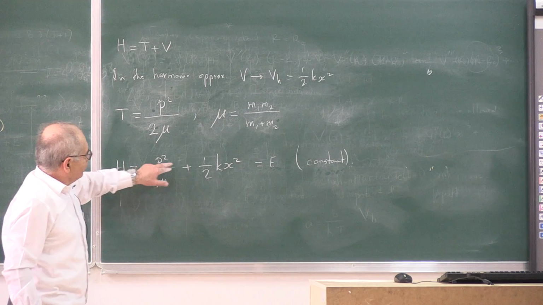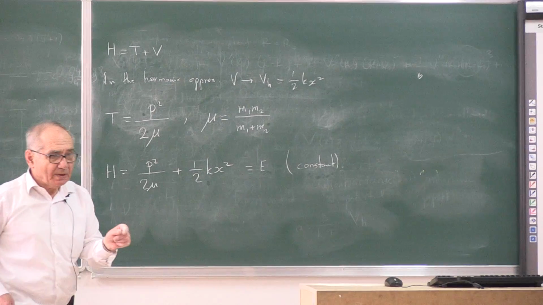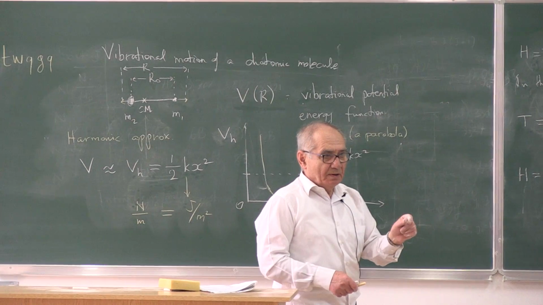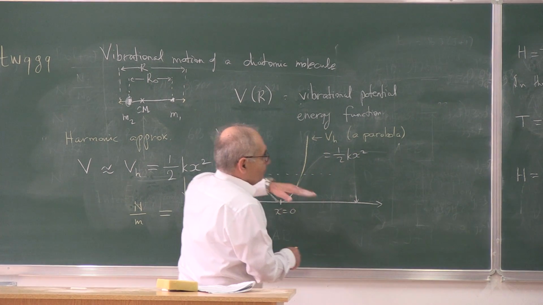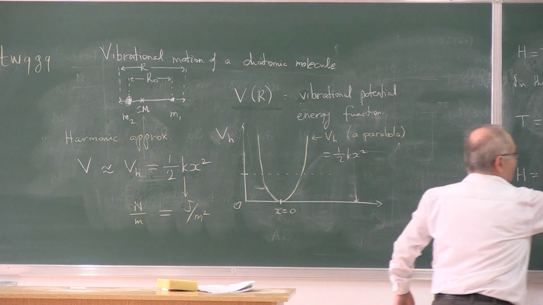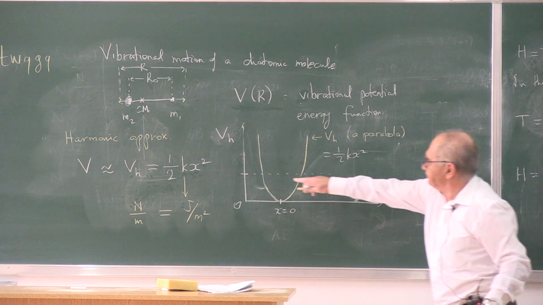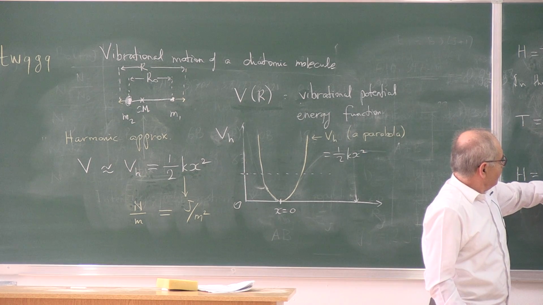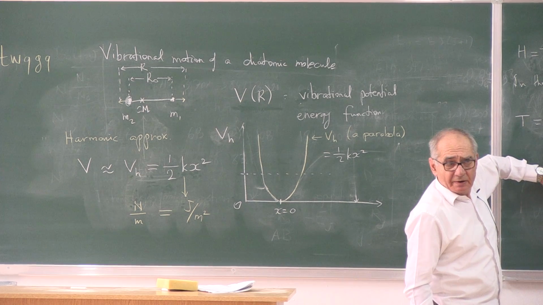Kinetic energy P squared plus potential energy. X is changing. X is our variable. When this energy, the sum of these two, is equal to this value. First of all, note that this is a square.